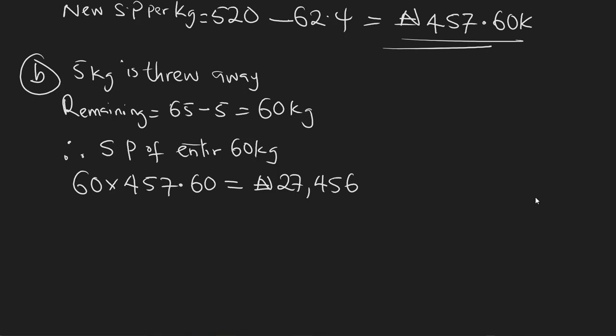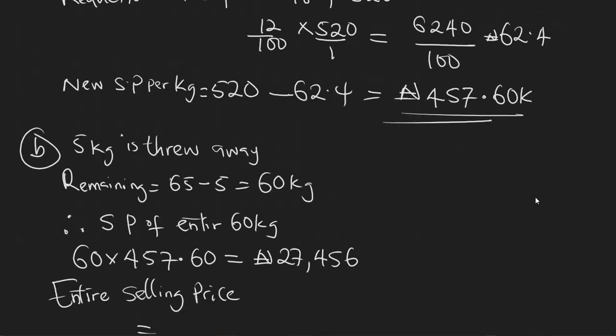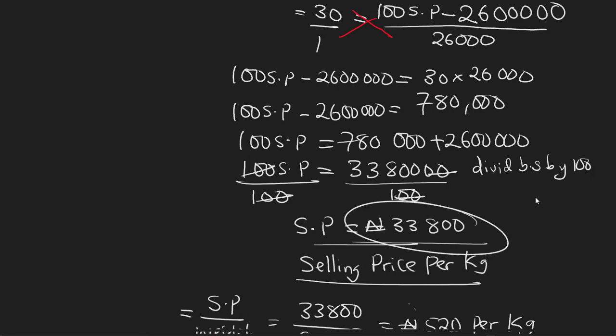So now the next thing is the entire selling price, because the question said the entire selling price. Remember the price for the half tomatoes we've calculated, which is this, right? That's what we're going to use, because this is the selling price of the half tomatoes, just the half tomatoes, 33,800, right? So we are looking for the entire selling price. So we're going to add that plus the selling price of the entire 60 kg.